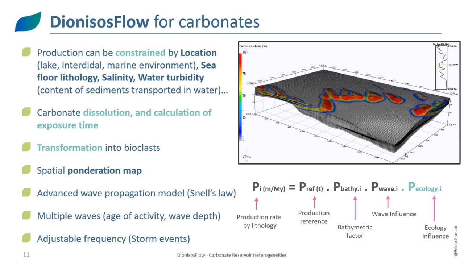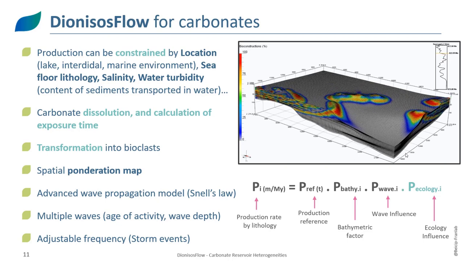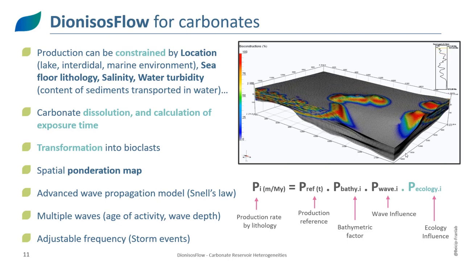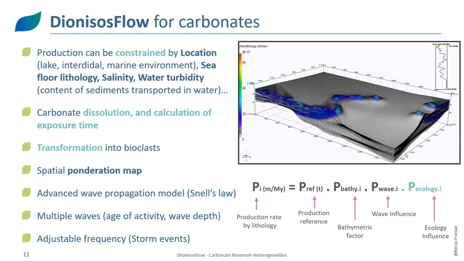We can constrain to the seafloor lithology, so different types of carbonate grow on different substratum, but also to salinity, to water turbidity, which can be very important in case of a mixed system where you could have a clastic source causing turbidity in the water column and affecting the light and the depth, and then eventually affecting the carbonate's growth.